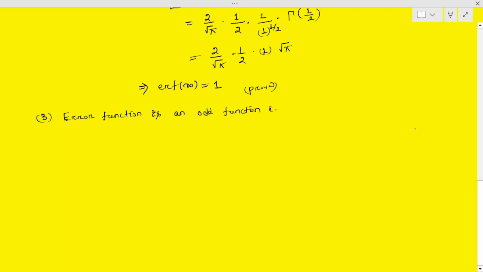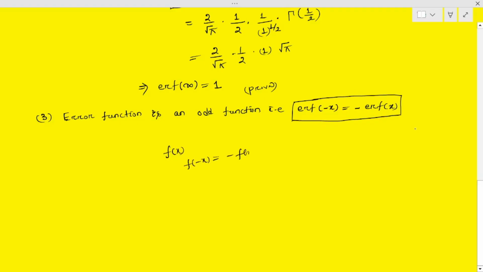That means we have to prove error function of minus x equals minus error function of x. If f(x) is an odd function, then f(minus x) is nothing but minus f(x). So here we have to prove that error function of minus x equals minus of error function of x.